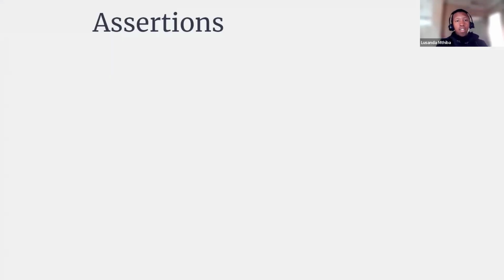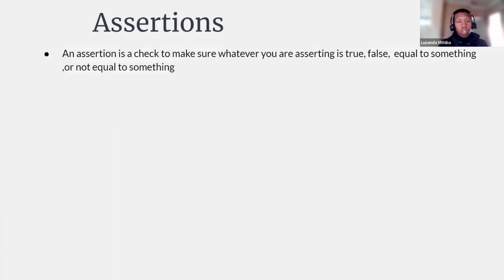Assertions, as I said, are used to make sure that something is true or false, or equal to something or not equal to something. Some functions return true, some return values, where you can test if they are equal to what you expected or not.